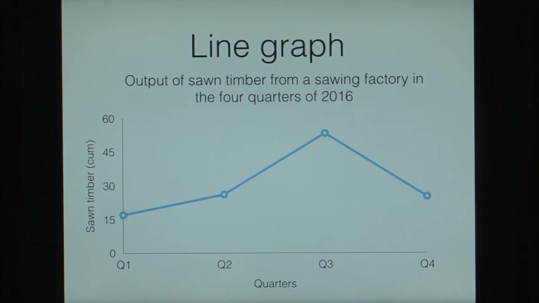In all the cases we are not required to make bars on the graphs, but we can always take a central value and then join them together by straight lines to make a line graph. As we can see in this graph, the output increases from quarter 1 to quarter 2, then increases again from quarter 2 to quarter 3 reaching a maximum and then falls from quarter 3 to quarter 4. So, this is a line graph.